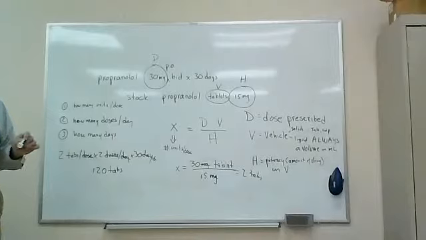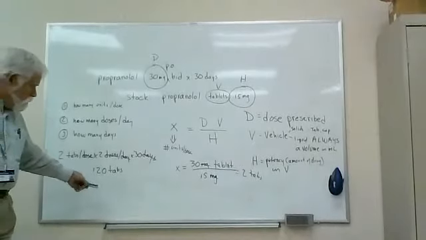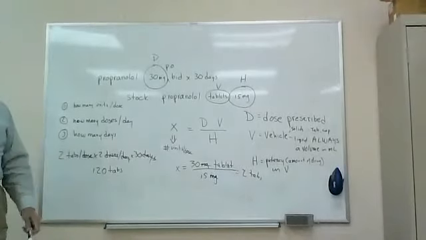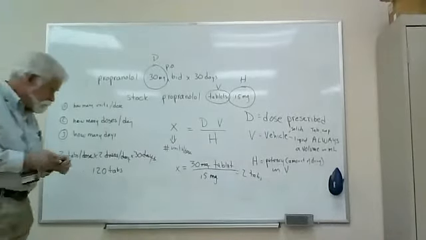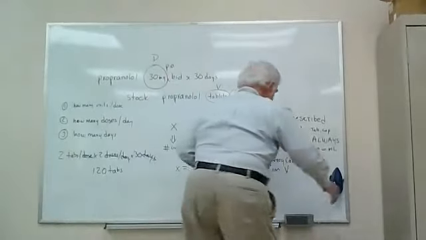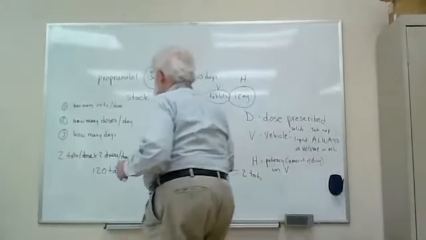But invariably, at the end of the day, what we want is a number of units, either tablets, capsules, milliliters, etc., that we're going to give the patient. Okay? Make sense? All right. Let's do something a little bit different.